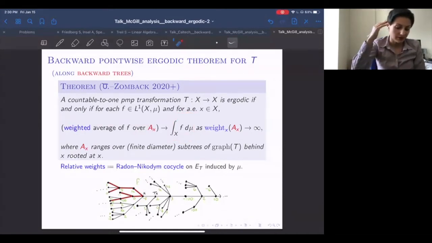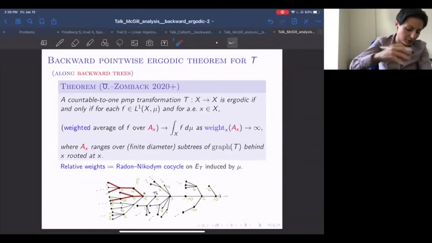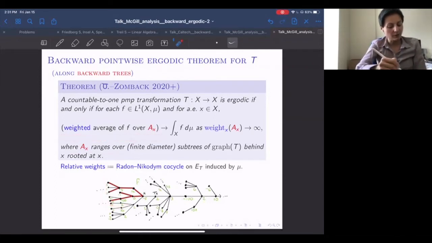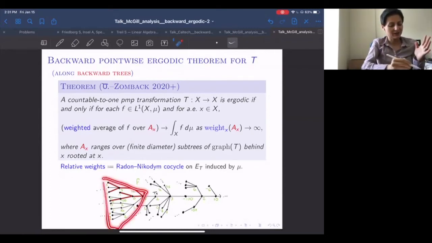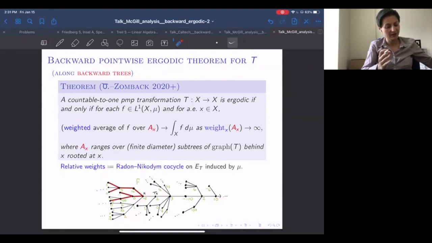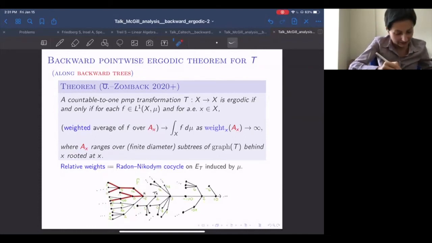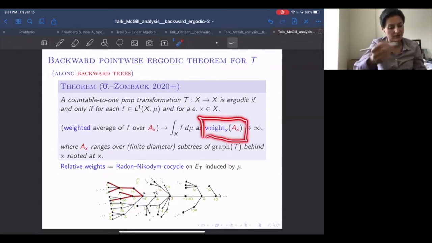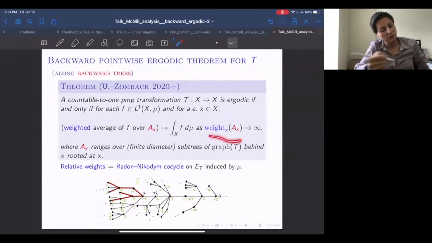So the new thing here is that the shapes that the theorem handles are no longer so regimented. It's not just nice complete preimages behind it, but more of a quantitative result. The shapes are all trees, different kinds, whichever you want, as long as their weights go to infinity, the averages are fine.